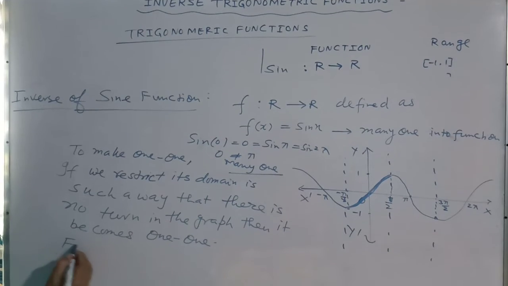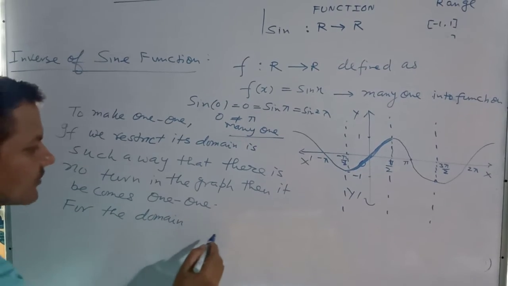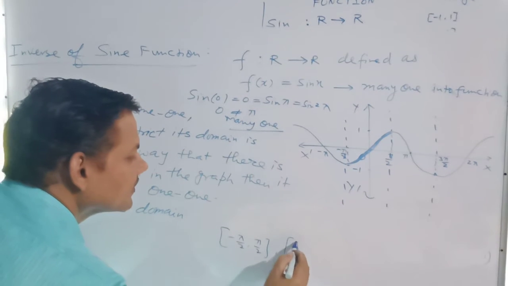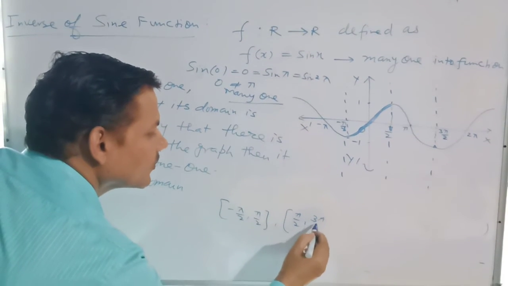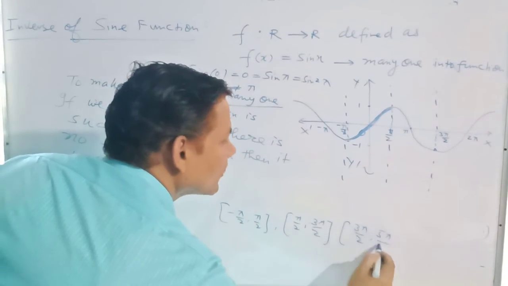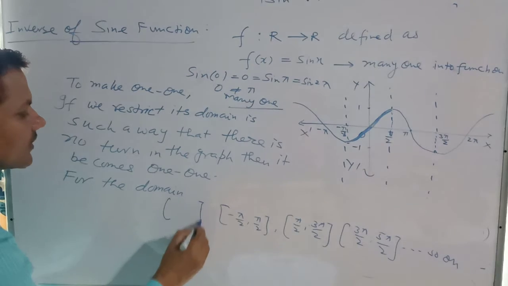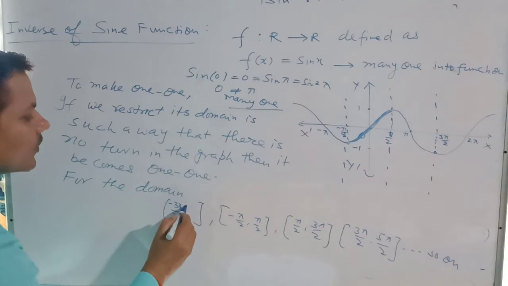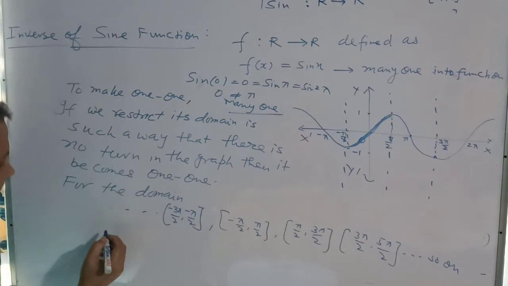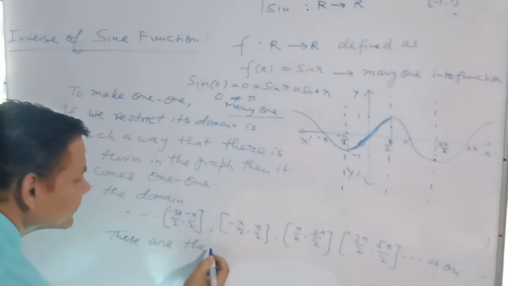So the domains are: starting from minus pi by 2 to pi by 2. Next one is pi by 2 to 3 pi by 2. Next one is 3 pi by 2 to 5 pi by 2, and so on. From this side again it is minus 3 pi by 2 to minus pi by 2. These are the branches.